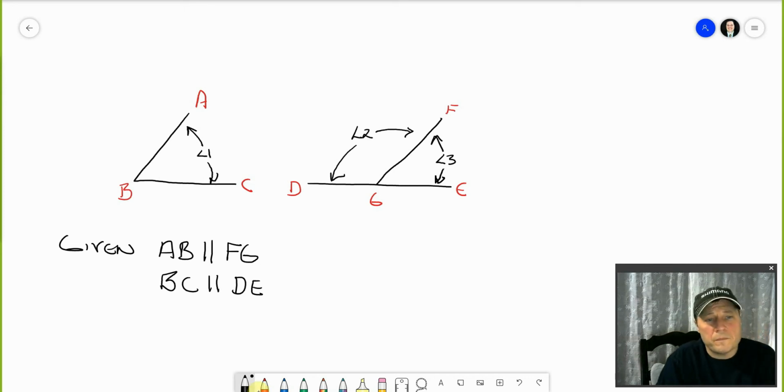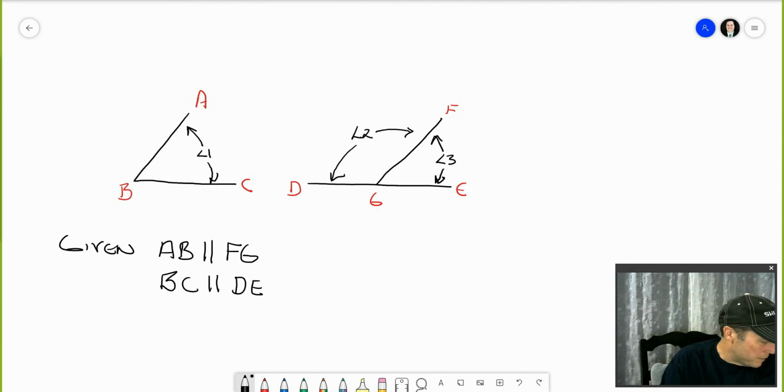All right. Line AB, it's parallel to FG. So basically remember that we could therefore take FG, pick it up, drop it over top AB, and they would line up perfectly, right? They're parallel to one another. They run exactly the same direction.